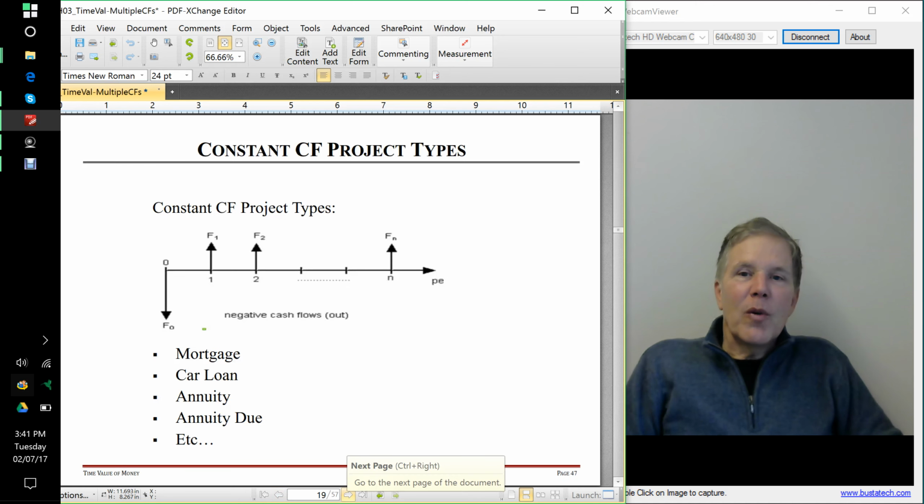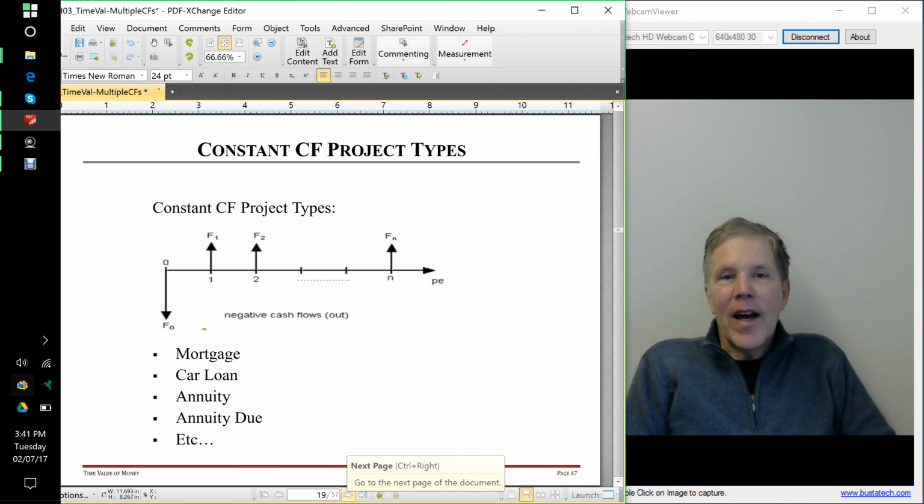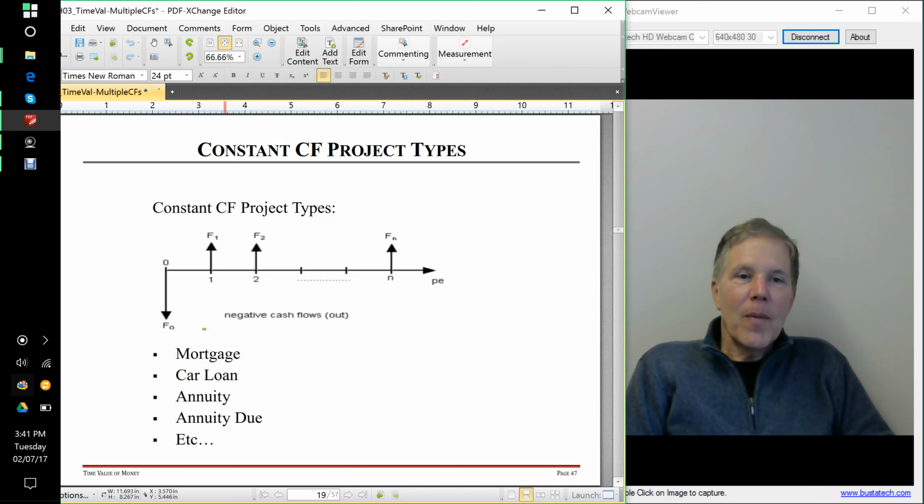All right, so before we do that, I'd like to walk us through some constant cash flow projects. And these are projects where right now, at t equals 0, we're going to have to make a payment in return for a uniform set of cash flows in the future.